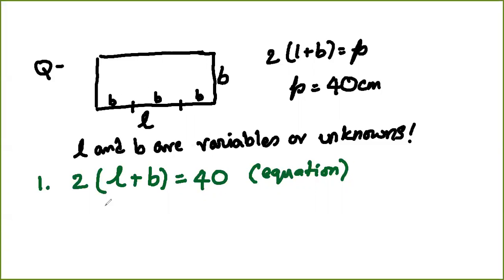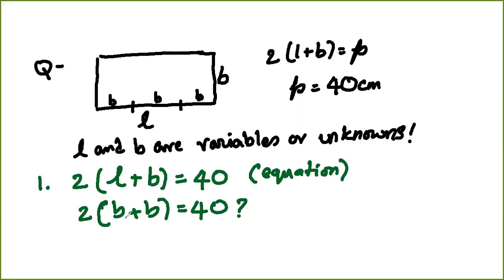How would I do that? Shall I just simply write it as 2 times B plus B equals 40? Can I do that? Is that fine? No, sir.